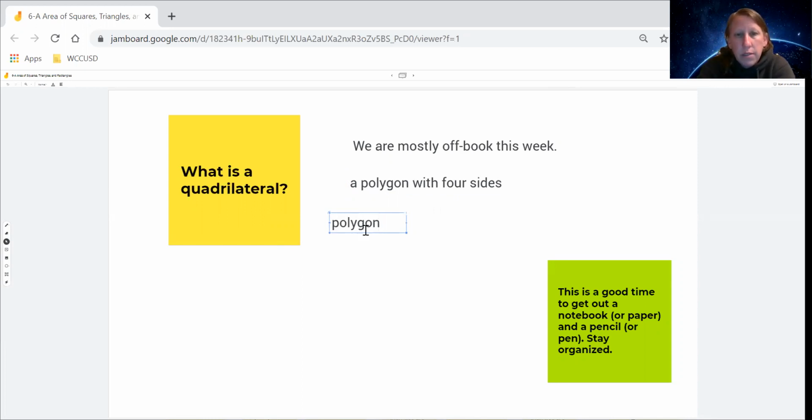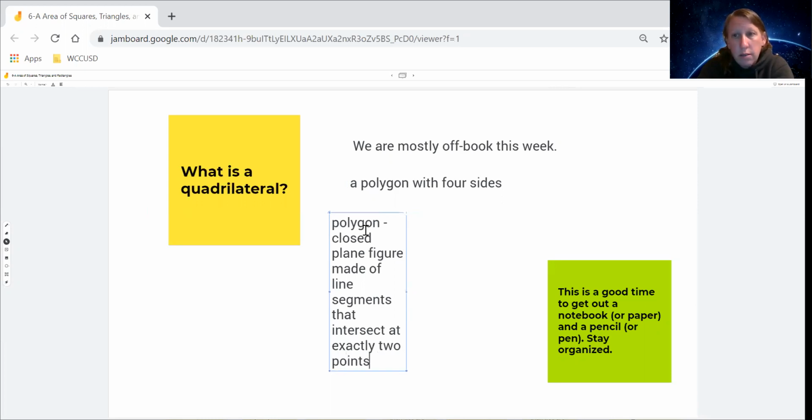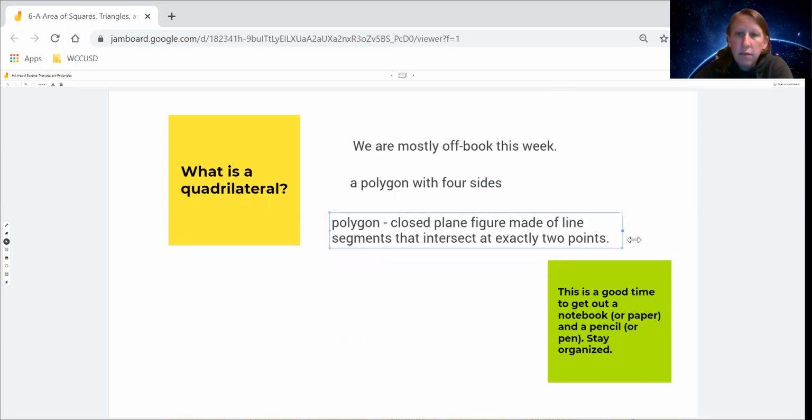Here are some of the parts. A polygon is a closed plane figure made of line segments that intersect at exactly 2 points. Okay, so that's kind of an interesting definition.